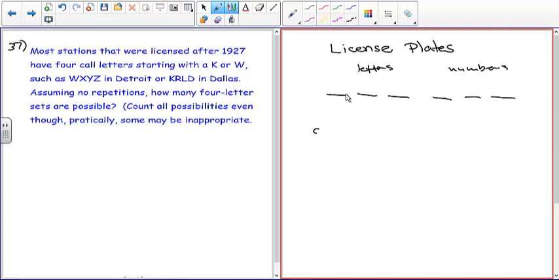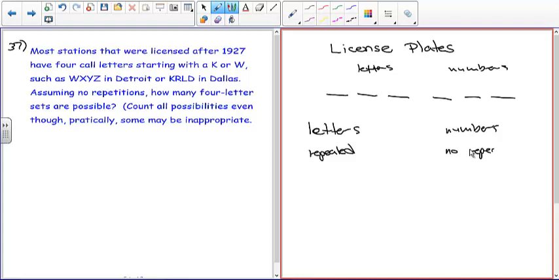For the letters, the restriction will be that they can be repeated, and we call that replacement. So if we use an A, we can still use an A. Now for the numbers, I'm going to make up a rule: no repeats.